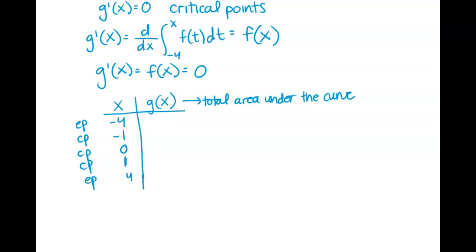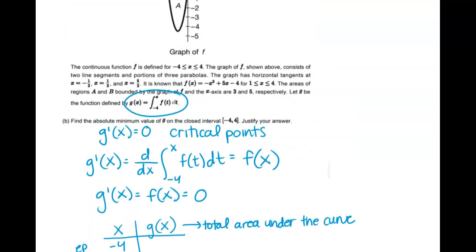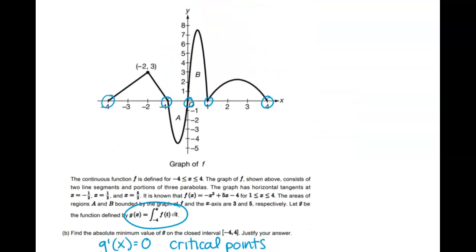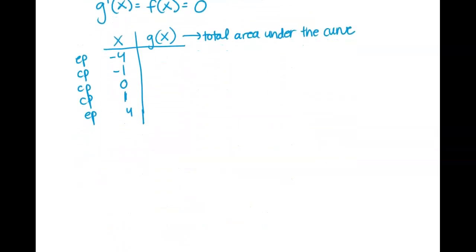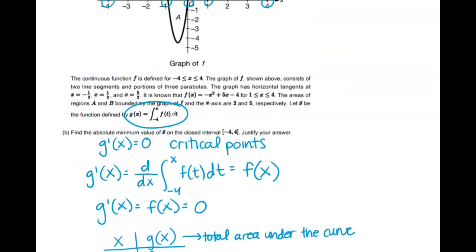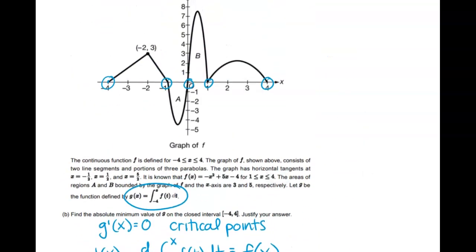Okay, so now let's find our values. Again, we're looking for total area under the curve. Well, at negative 4, it's just a starting point. So the area under the curve there is just 0. At negative 1, we have this area under the curve.